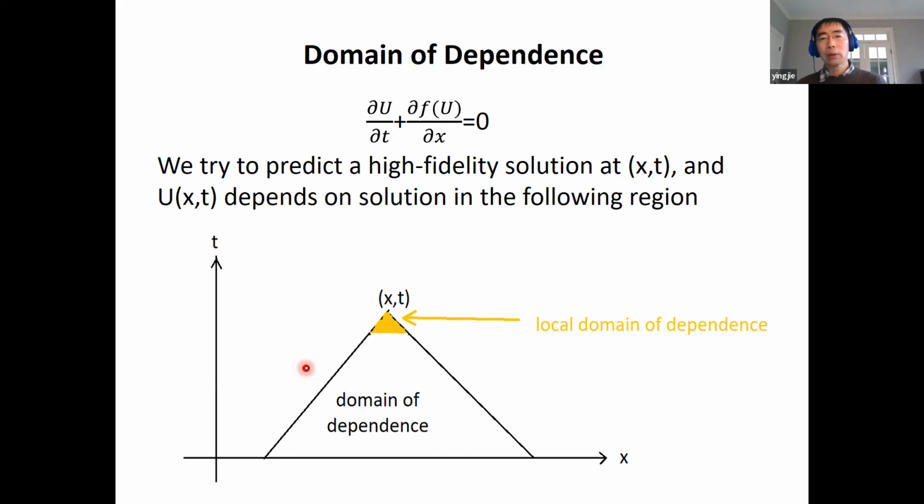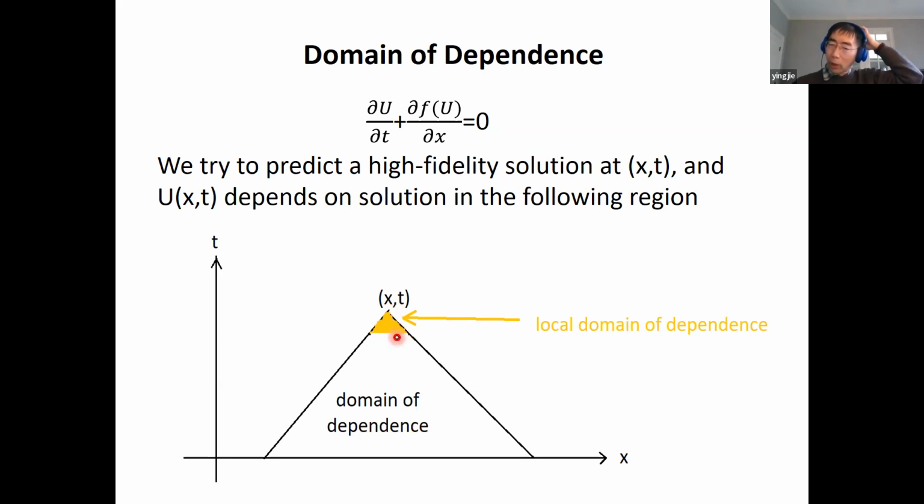This method will be very good at predicting the loss of amplitude. If the loss of amplitude is large, this prediction will recover it with no problem. But if there's a large phase error, so large that it already puts the numerical shock out of the domain of dependence, let's say the domain of dependence actually doesn't have a shock at all in the coarse solution, then I don't think this method will work.